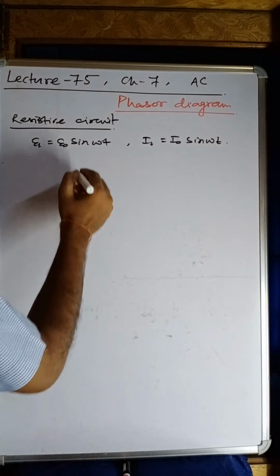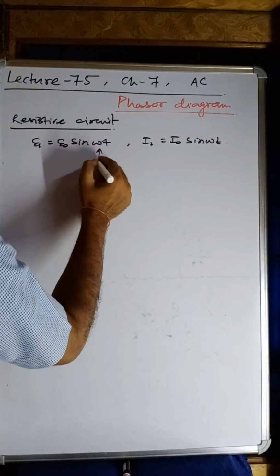And we have also discussed, if it is phi 1, which is omega t, and phi 2, which is also omega t, then delta phi, which is phi 2 minus phi 1, is 0. That is the phase difference. Phase difference is 0. Now, for the resistive circuit, we are going to draw the phasor diagram.